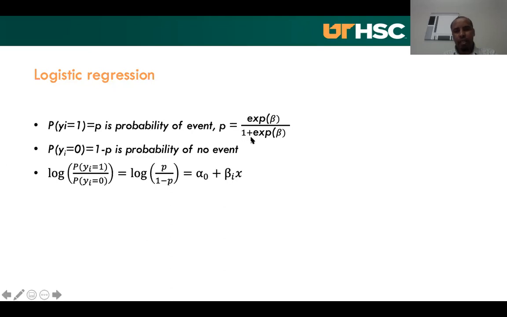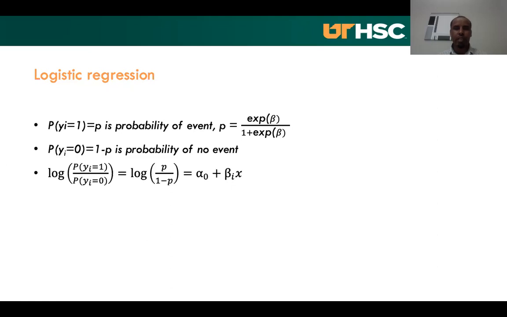This probability is calculated by taking the exponent of the beta coefficient, or the slope of the model, divided by 1 plus the exponent of the beta. The exponent here stands for raising the number 2.72 to the beta coefficient.